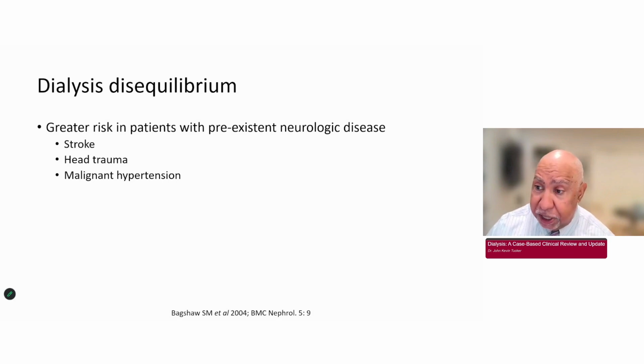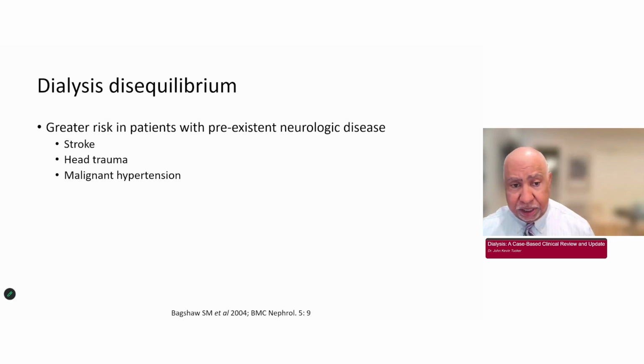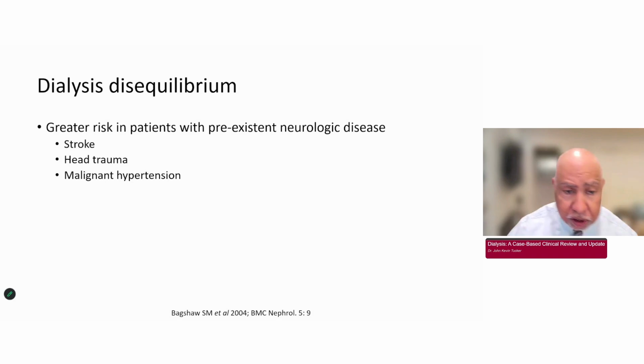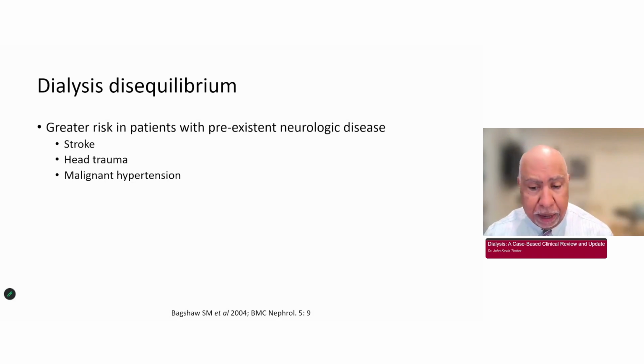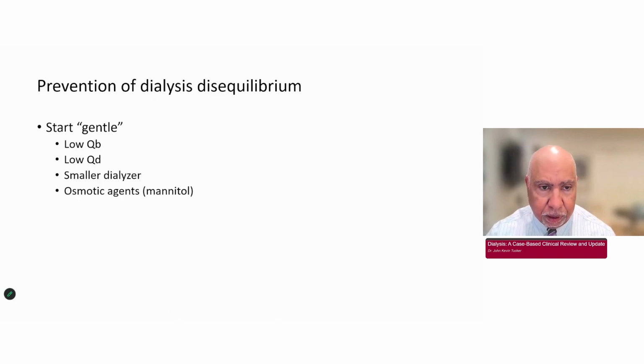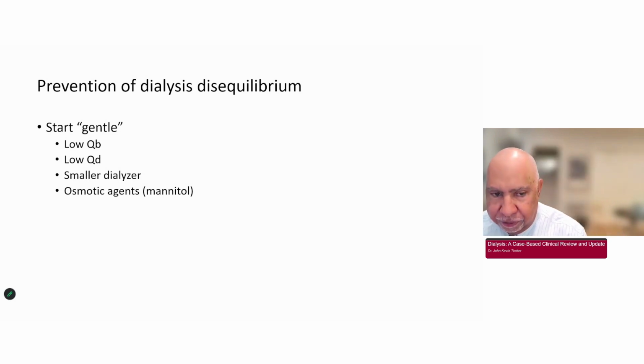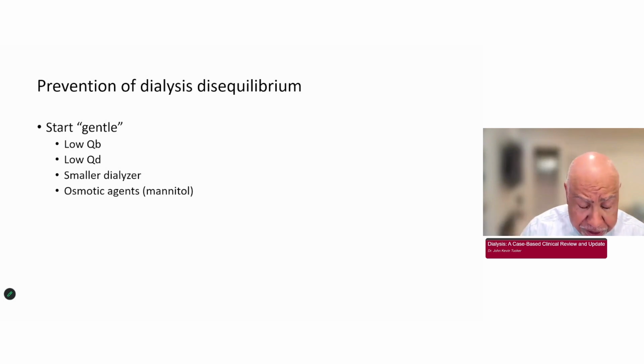There's a greater risk in patients with pre-existing neurologic disease. So, for example, patients with strokes, head trauma, malignant hypertension. The idea is really to prevent it. And that's the reason that we don't see much of it in the modern era, is that we know how to prevent it. We start gently. Low blood flow rate, low dialysate flow rate, a smaller dialyzer.